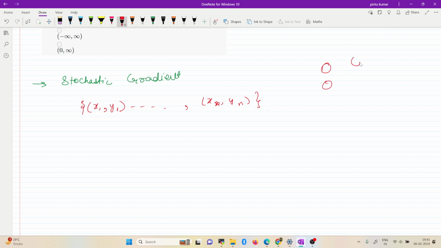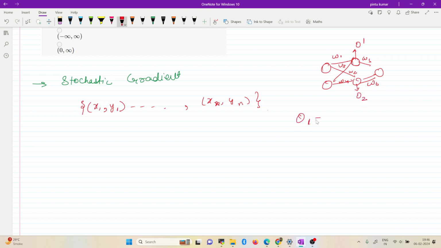Let's say this is a very small network, similar to what we had. So this is W1, W2, W3, W4, and this is, let's say, W5, W6. I am ignoring the bias for the time being. So the prediction that will be made, for the first layer, let's say this we call output 1, this we call output 2.